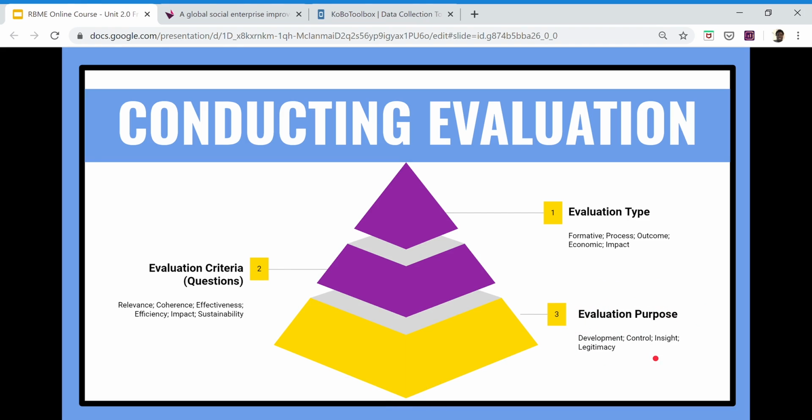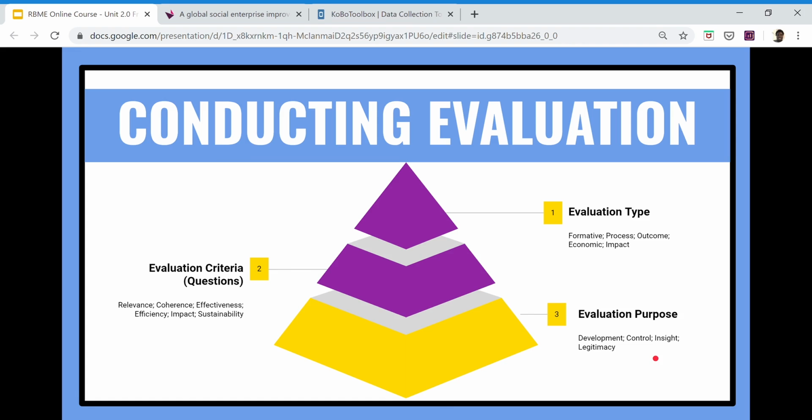Either your evaluation is meant to create new knowledge, or to check if the program or policy objective was met, or for learning purposes, so we can learn what worked and what didn't work in order to create a new program, or to show the impact of the program we have started.